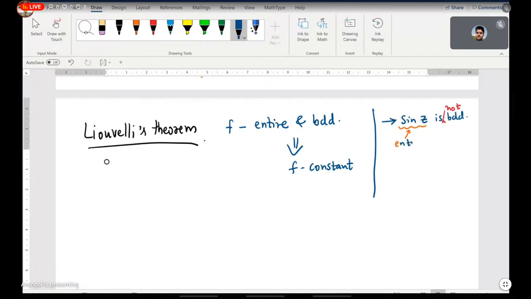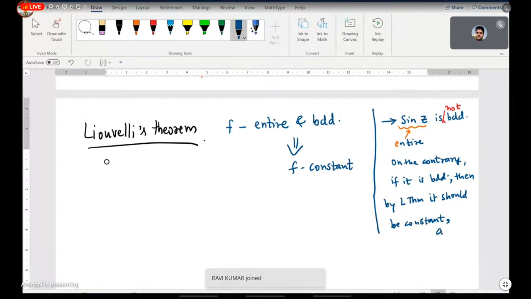Because we know that sin z is entire, and on the contrary, if it is bounded, then by Liouville's theorem it should be constant, which is a contradiction.